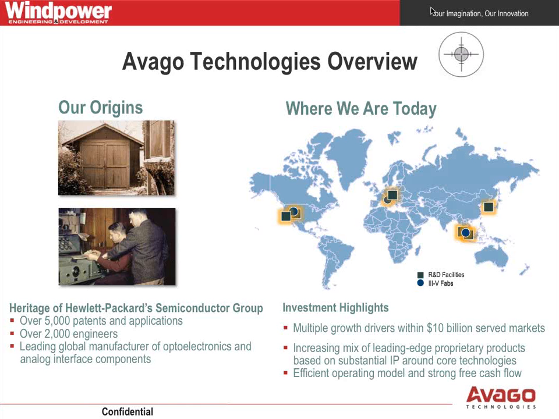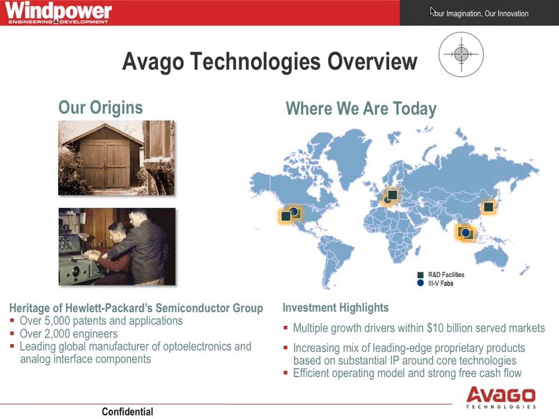For those of you who aren't aware of Avago Technologies' heritage, we date back to the days of the Hewlett-Packard Semiconductor Group. We were formed as an internal source and development arm for products that Hewlett-Packard couldn't find on the external market. As such, we have developed and have access to quite a few patents based on our optical and analog interface component expertise.